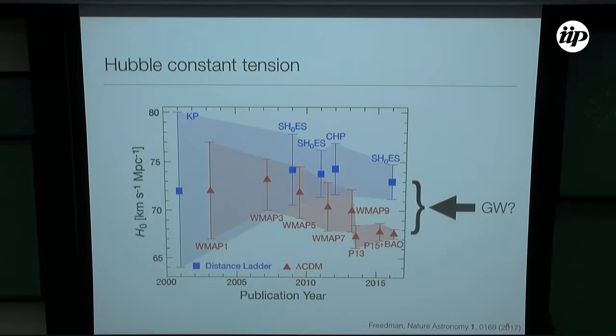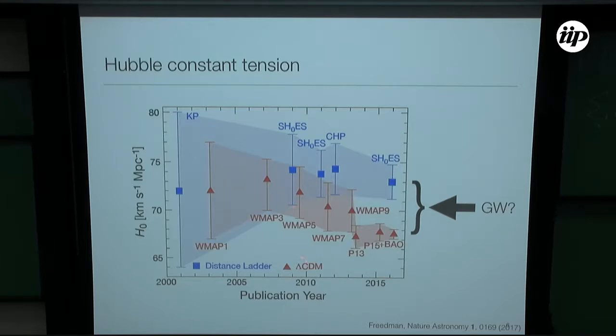In the blue, these are measurements made from standard candle observations using the distance ladder to calibrate it. I haven't gone into the distance ladder, but there's a whole host of physics and measurements that go into calibrating these. You can see the errors are getting better, and they're honing in on a value of the Hubble constant around 73, plus or minus a few.